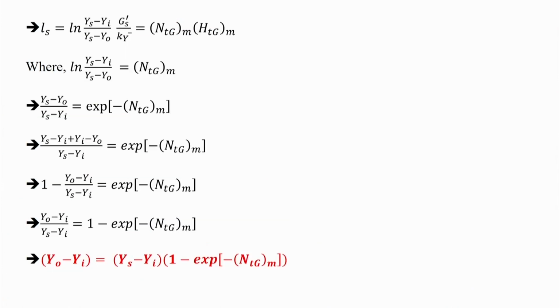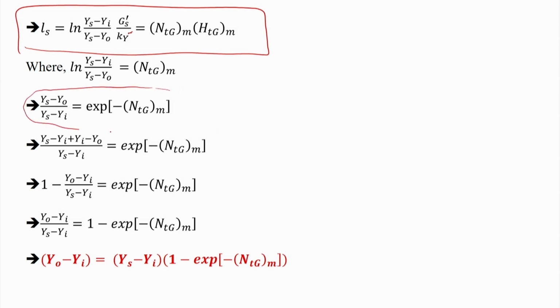Now, this L s we are writing as ln (y s minus y I) by (y s minus y o) into G s prime by k y prime, and again we are manipulating this NTG in terms of ln (y s minus y I) by (y s minus y 0).